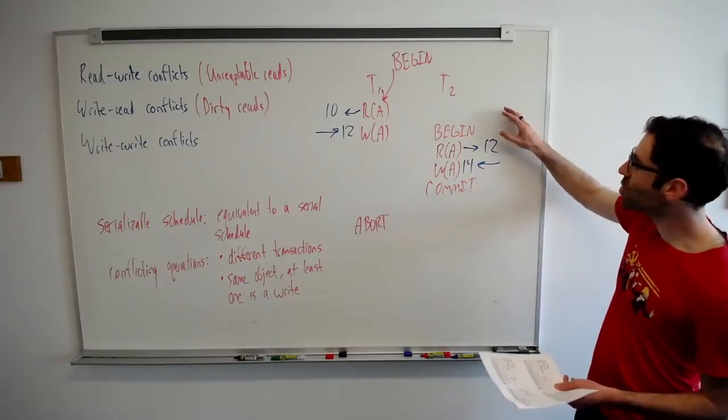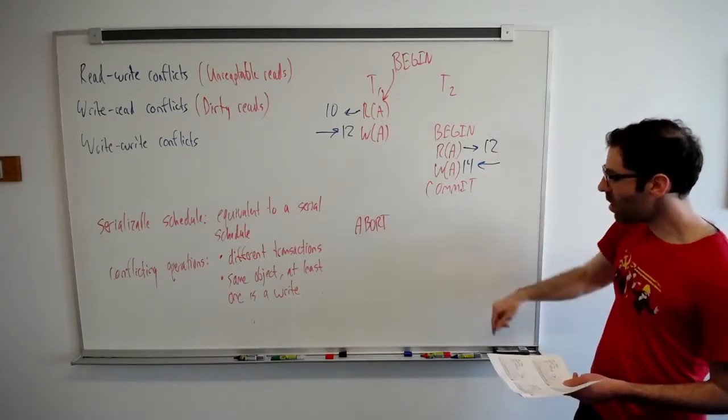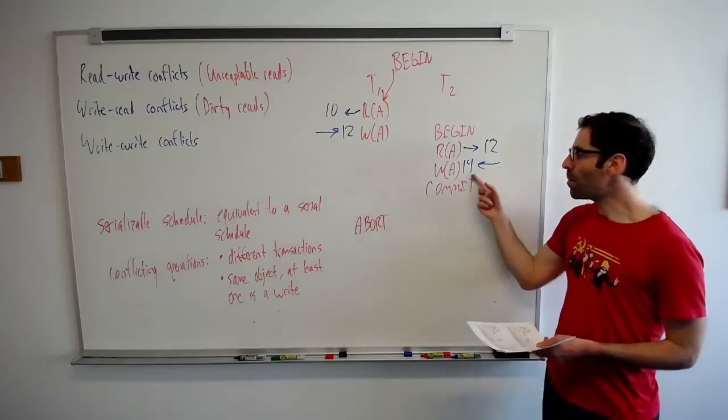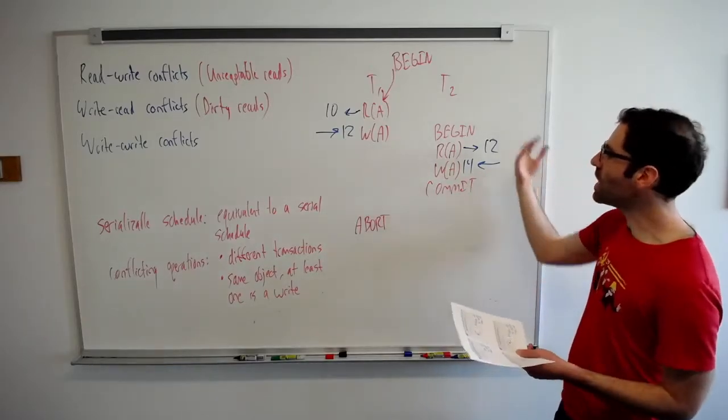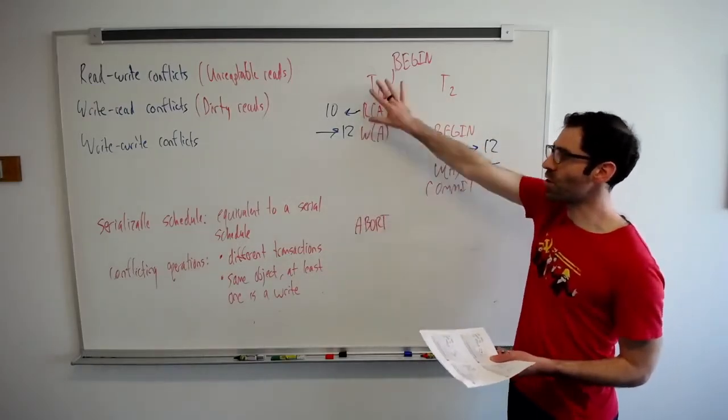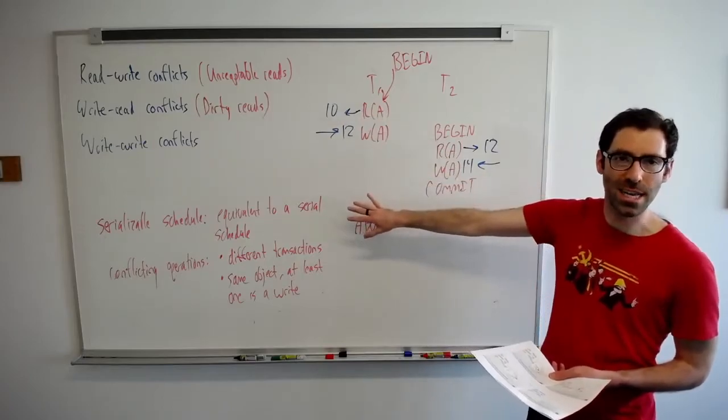Transaction 2 already committed, told the world that A is now 14, but in doing so, it leaked information about what this aborted transaction T1 did.